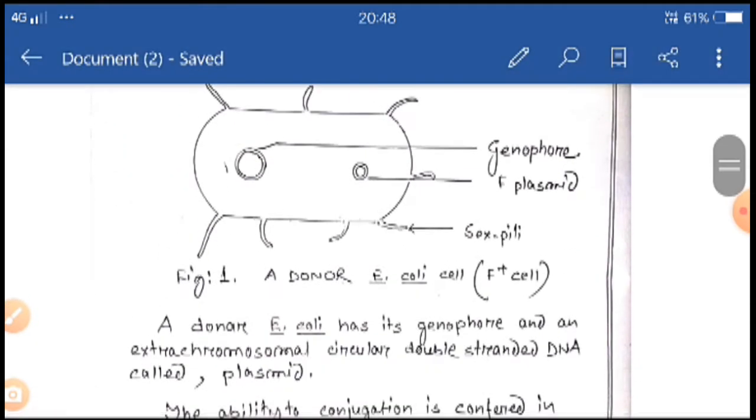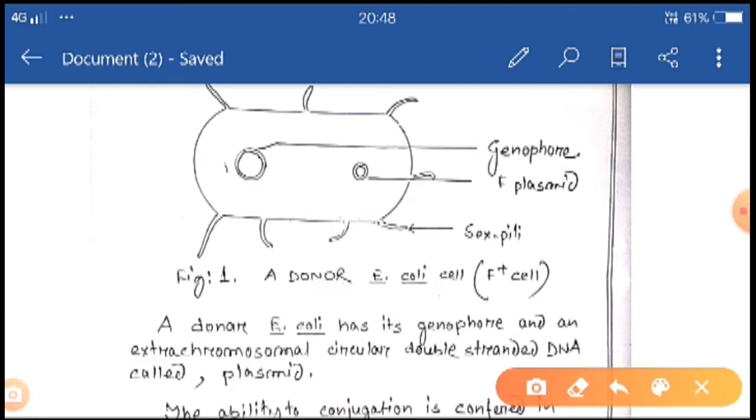Now, by the diagram, we will study an F plus or donor Escherichia coli cell. The diagram shows the genophore and the F plasmid, which are far away from each other.